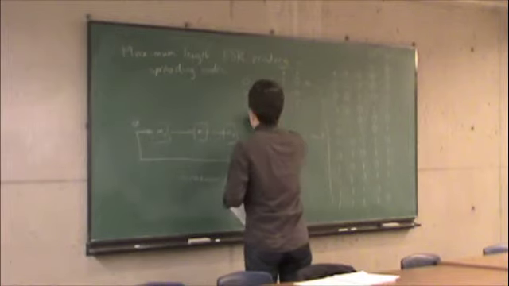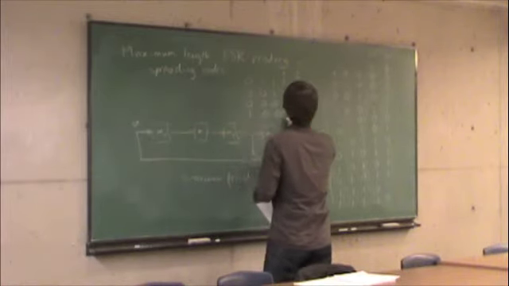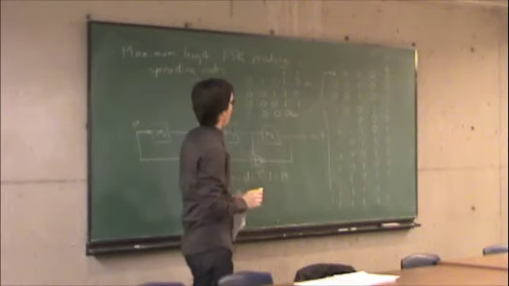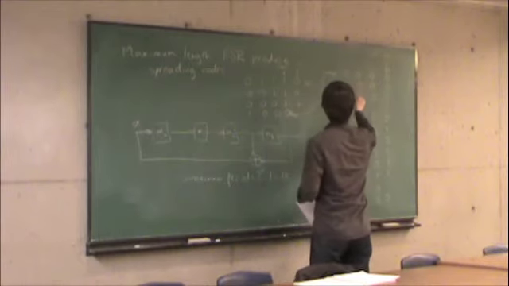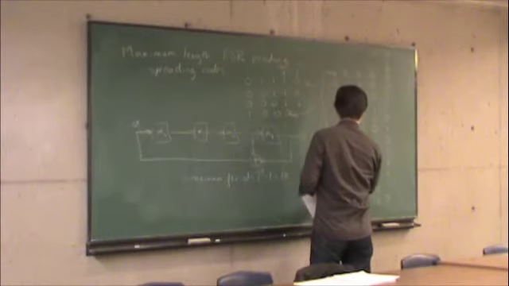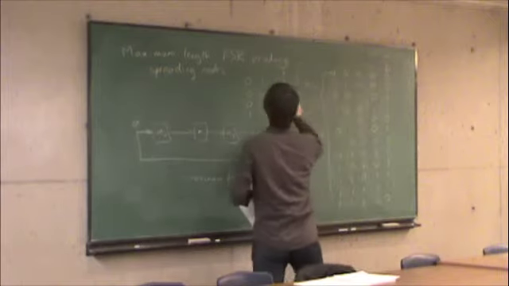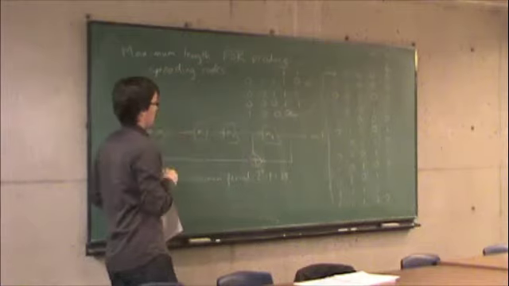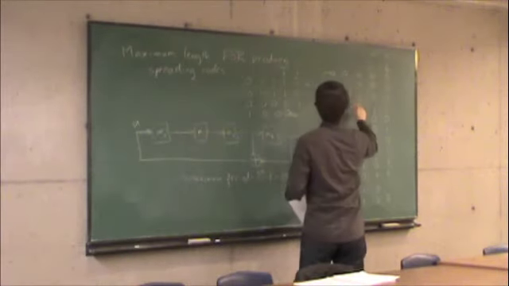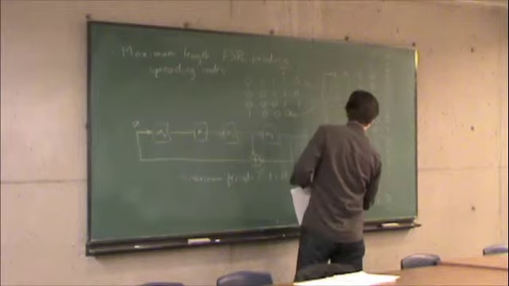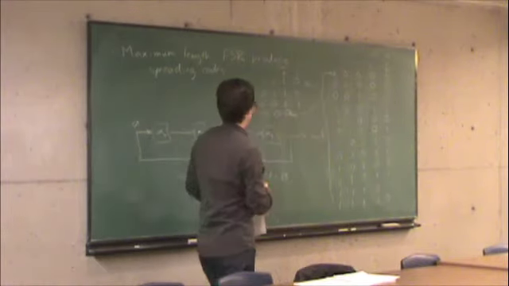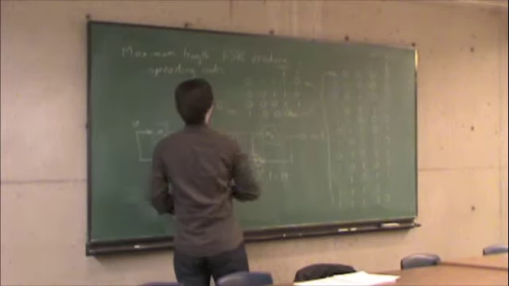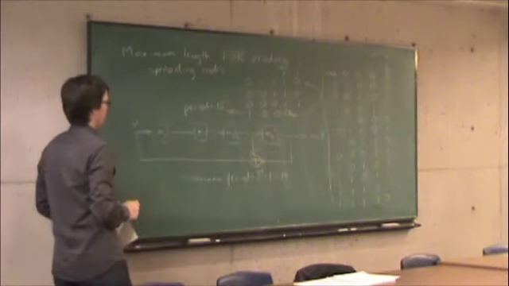The A value is 1, and I end up with this, the same as the start. And that took me 1, 2, 3, 4, 5, 6, 7, 8, 9, 10, 11, 12, 13, 14, 15. Actually, I should have started here. So that's 15 is the period. So this is a maximum length shift register.